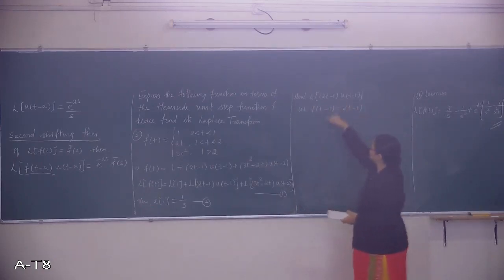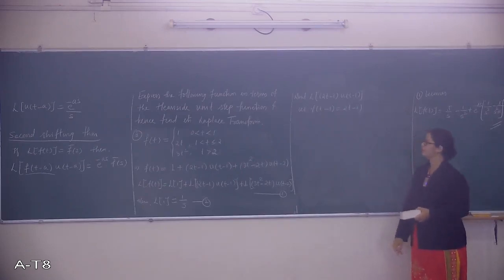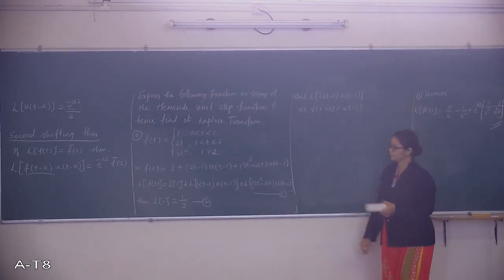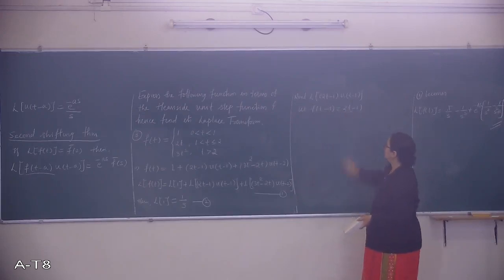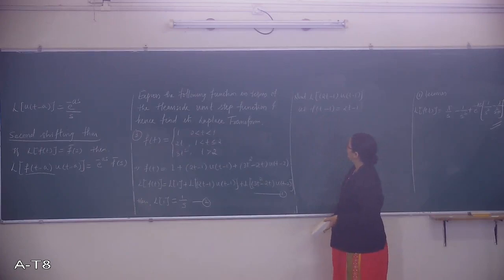If you compare this unit step function with the second shifting statement, we take 2t minus 1 as f of t minus 1. Now we replace t by t plus 1 to get f of t.